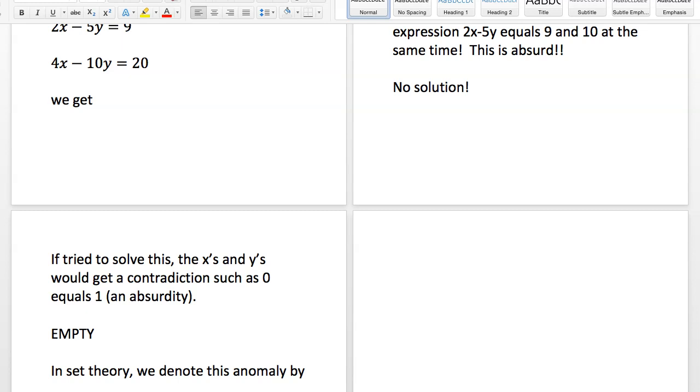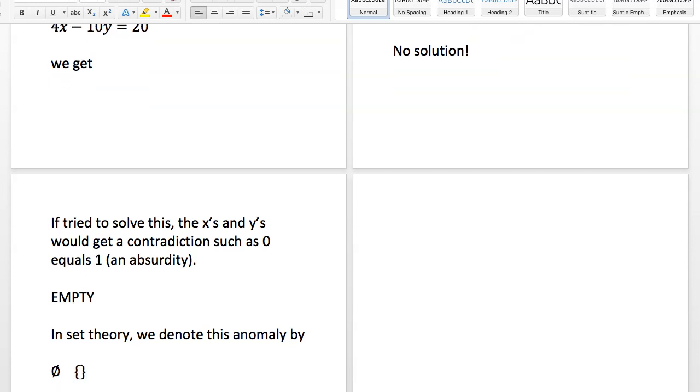These are two ways of writing the empty set. Now, don't put 0 in there. 0 is not a solution either.